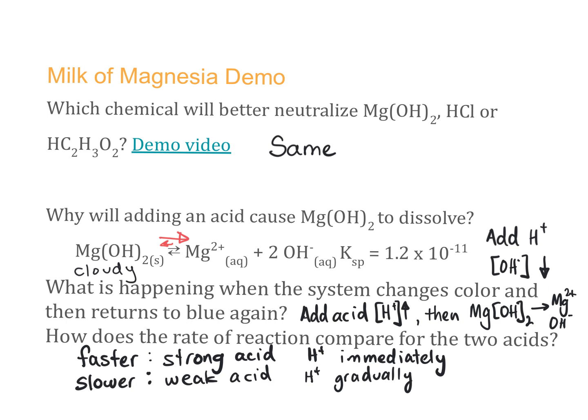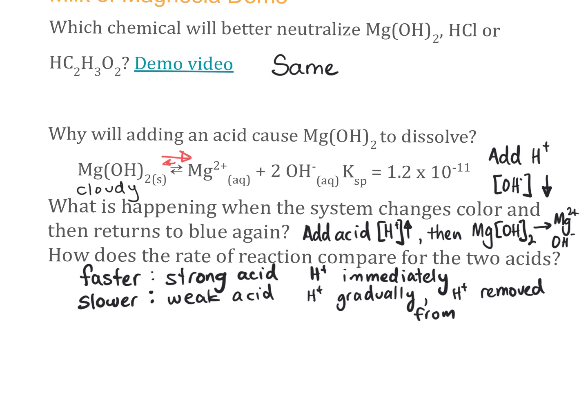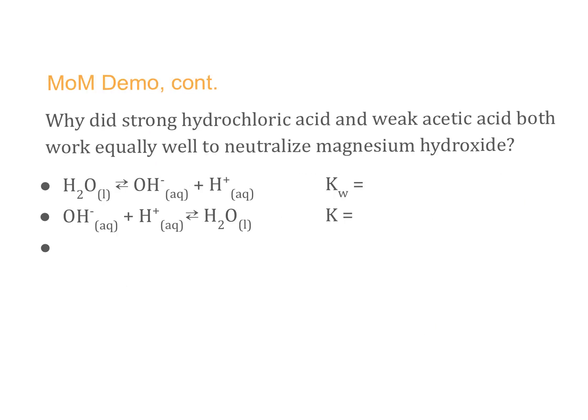Then a little bit more acetic acid loses its H. So it's a process of the H being removed from the acetic acid slowly, because acetic acid is a weak acid. So you'll take off a little bit at a time.